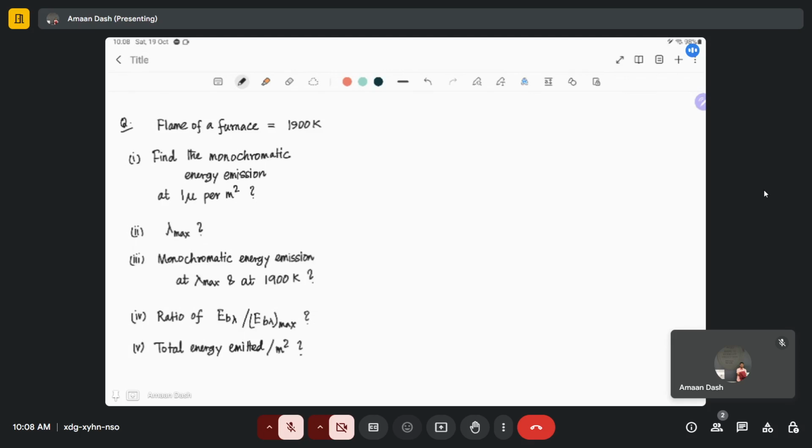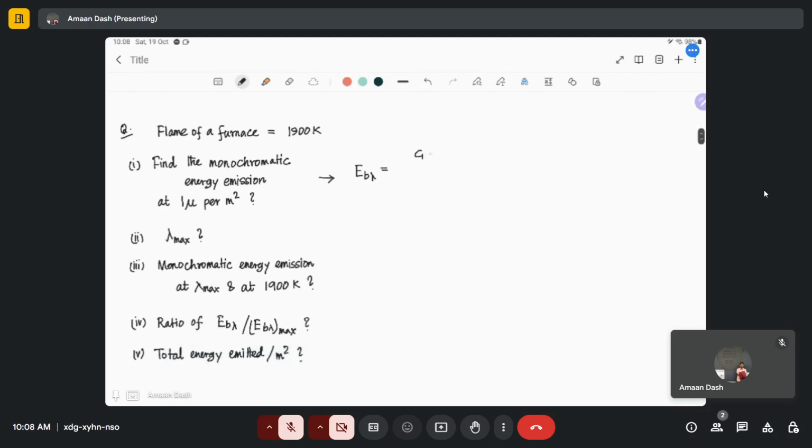If you remember how we calculate the monochromatic energy emission, it is E_b lambda equal to C1 lambda to the power of minus 5, divided by exponential of C2 by lambda T, minus 1.